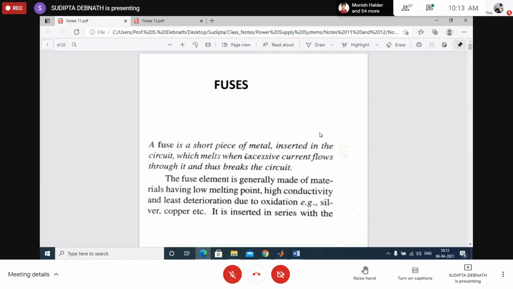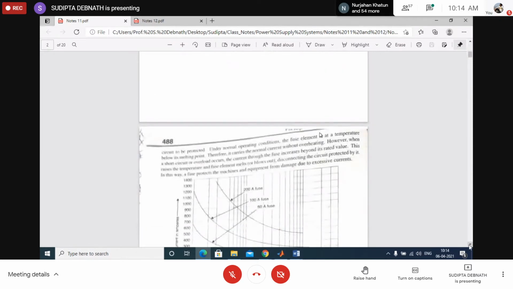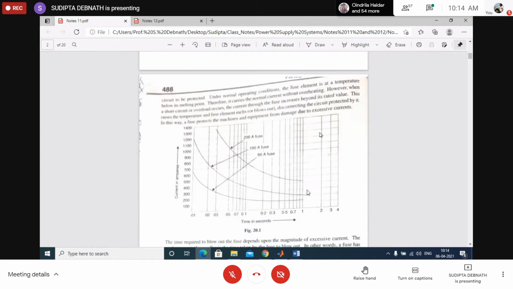A fuse is a short piece of metal inserted in the circuit for safety purposes. When excessive current flows, it should disconnect the circuit. It is the simplest arrangement. Now, the definition of fuse and the characteristic of the fuse element: when the current is very high, the time taken for the fuse to melt is small.